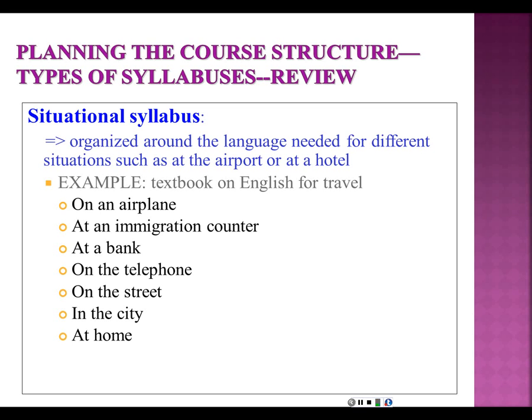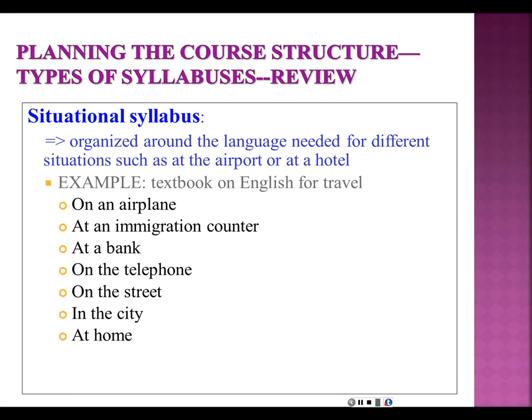And so the language that is given in this situation relates to that particular situation. So, for example, you would be using specific vocabulary on an airplane, or at an immigration counter, or at a bank, on the telephone, on the street, in the city, and at home.